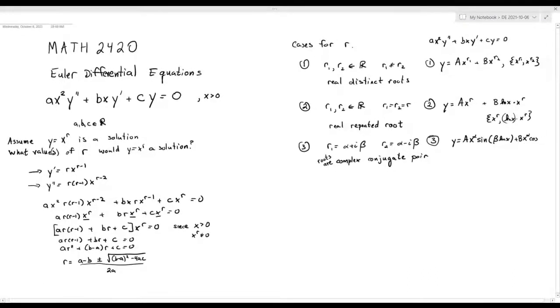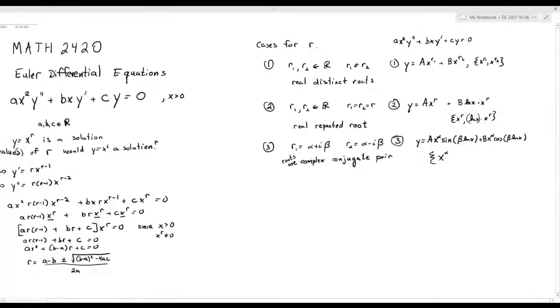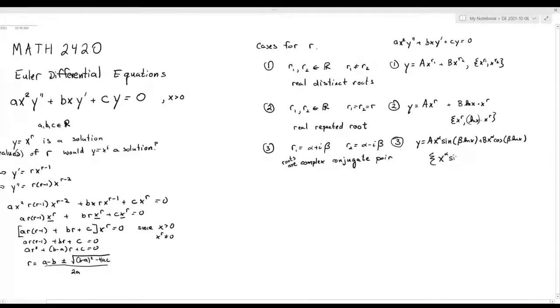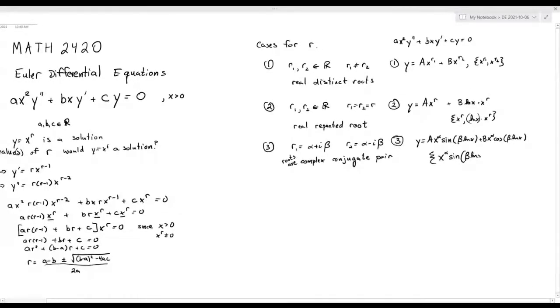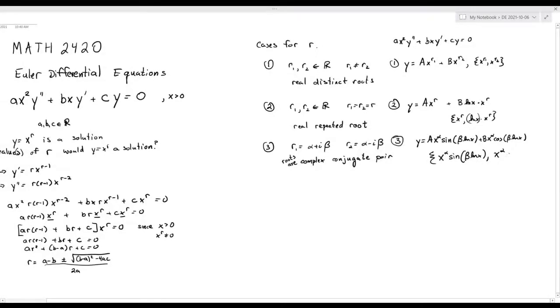And of course, the cousin to sine, right, is cosine. So your fundamental solution set is x to the real part of your complex root, times sine beta log x. And then the second linearly independent solution, use cosine instead. That's your fundamental solution set.